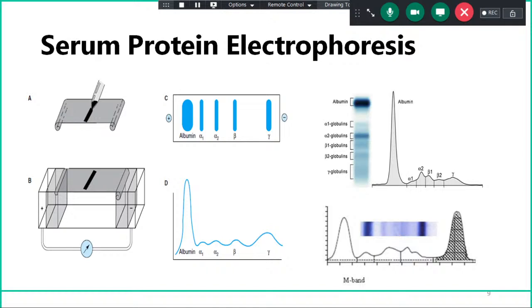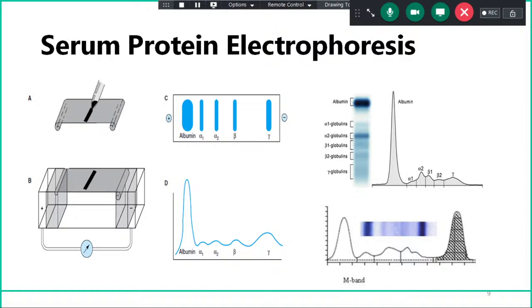And this electrophoretic mobility, or the rate of movement of these charged particles, is dependent upon their net charge, their shape and size, the temperature of the reaction, the electric field applied, and the buffer that we use in the medium, its pH, and also its composition and ionic strength. So all these factors affect the rate of movement of these charged particles in the medium.